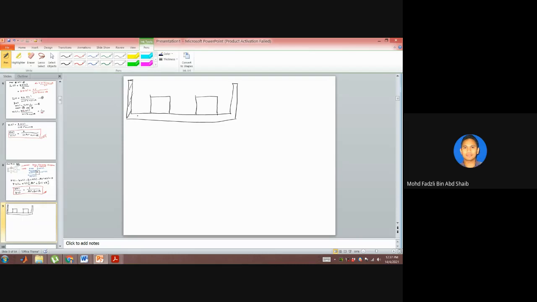This is the wall and the floor. This is S1(t), in the t domain, and S2(t).